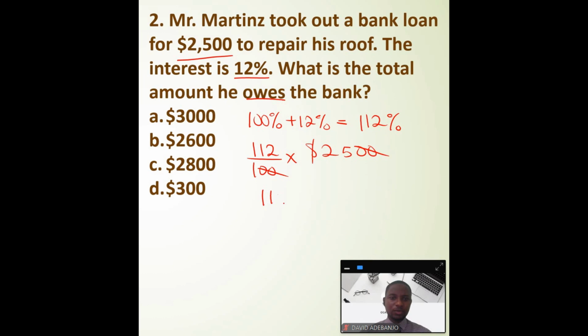You are left with 112 times 25. 5 times 2, you have 10, carry 1. 5 times 1, 5 plus 1, 6. 5 times 1, that's 5. 2 times 2, 4. 2 times 2, 2. 2 times 1, 2 rather. So when you add up, you have 0. 6 plus 4, 10. You have 1, and this will give you 8 and 2. So this is your answer. So your option is C.